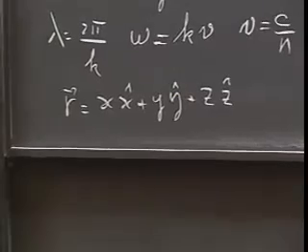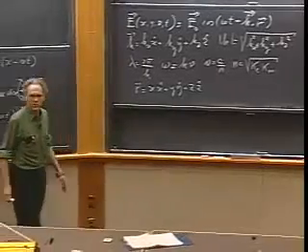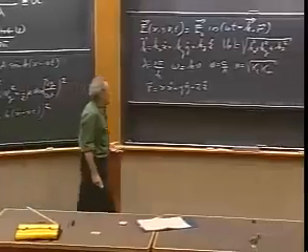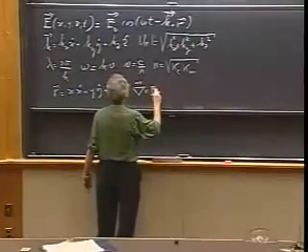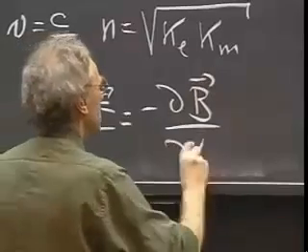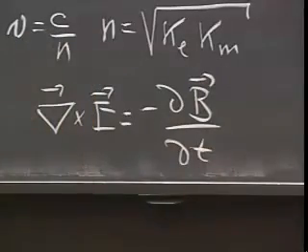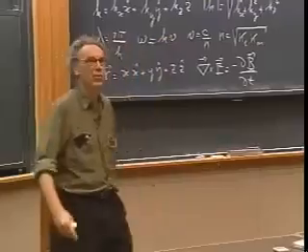If you wanted to know what the associated magnetic field is, associated with this electric field, then your best bet always is that the curl of E is minus dB dt. So if you know that whole function in x, y, and z, you can take the curl of E. Sometimes it's time consuming, sometimes it's fast, depends on the wave.